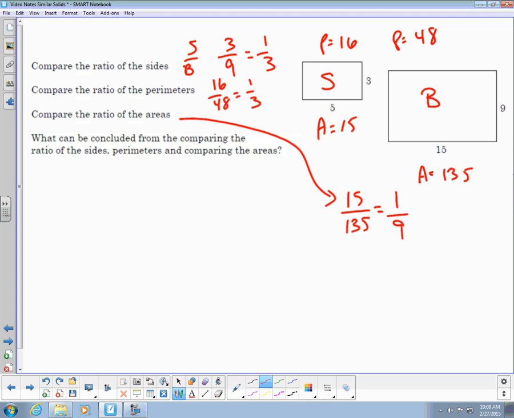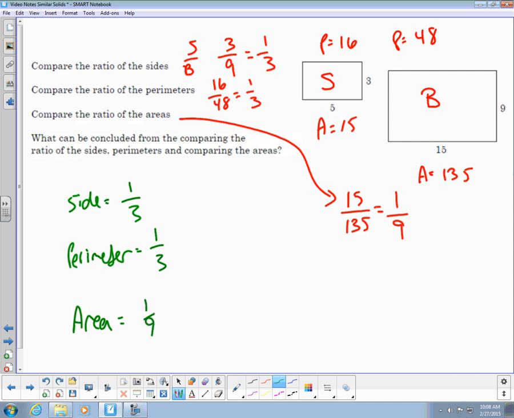All right, so it says, what can we conclude from comparing the ratio of the sides, the perimeters, and the areas? If you look at it, the side ratio is 1 over 3. The perimeter ratio is 1 over 3, but the area ratio is different. That's 1 over 9.